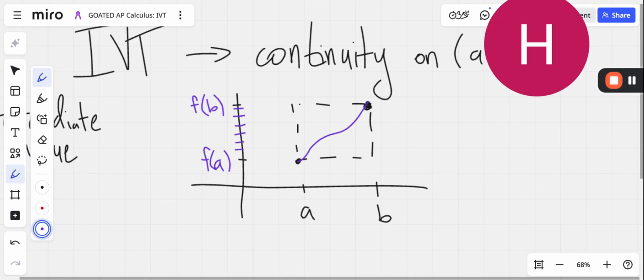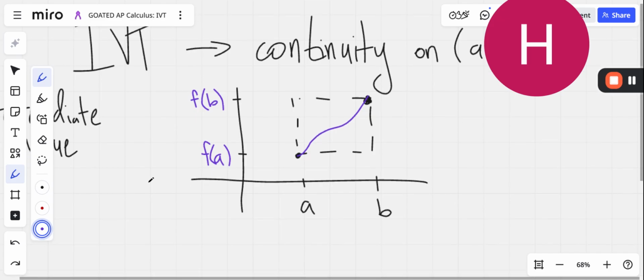But in any case that is valid, you for sure will reach all of the values in between all of these intermediate values. It's kind of like saying, in order to go from, say, the 3rd floor to the 7th floor, you need to pass through all of the floors in between, the intermediate values. And of course, f of b could be greater than f of a, or f of a could be greater than f of b.